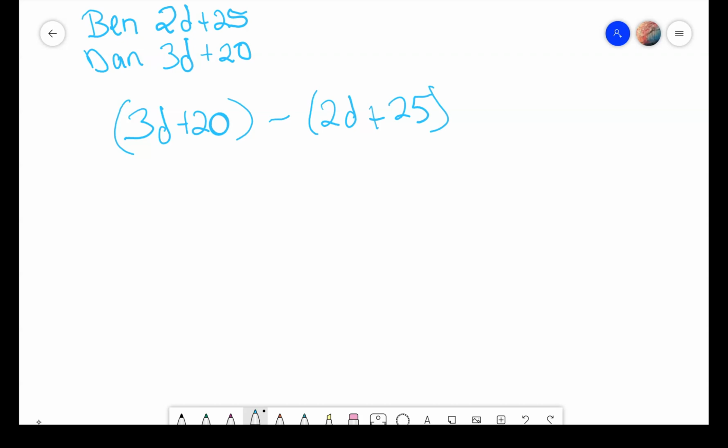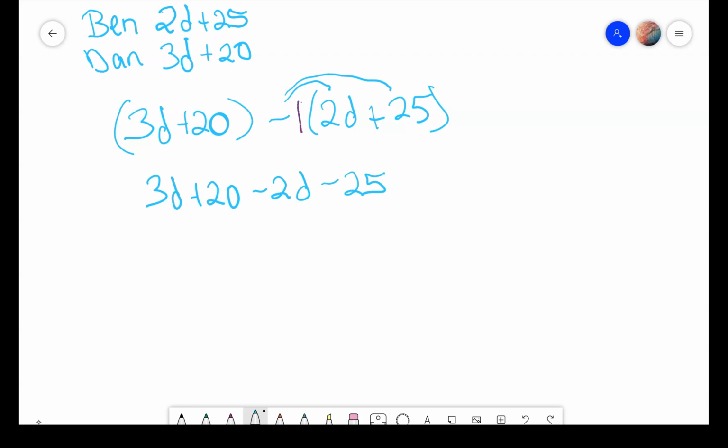All right. Now I need to take that imaginary one and distribute it out. So I have 3D plus 20 minus 2D minus 25.